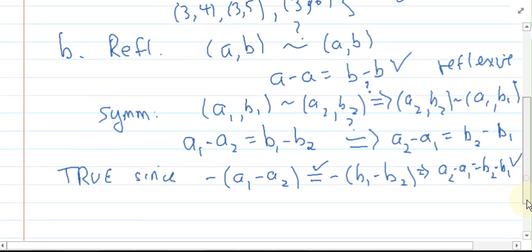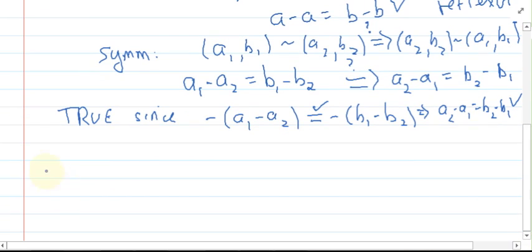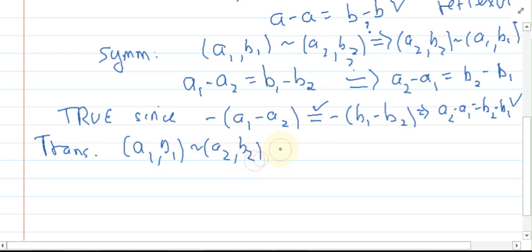All right, now how about transitive? Transitive, you have to start out with (A1, B1) is related to (A2, B2), and (A2, B2) is related to (A3, B3).